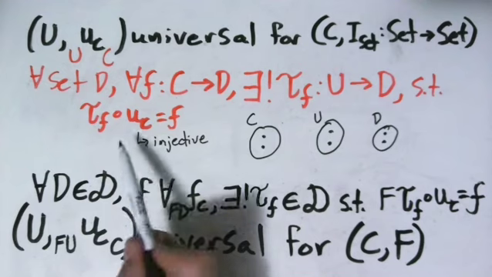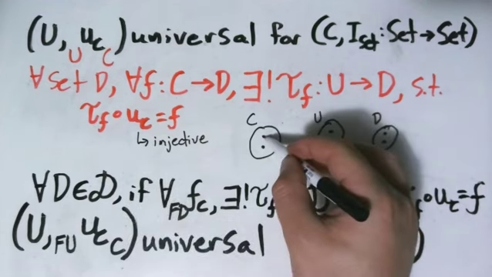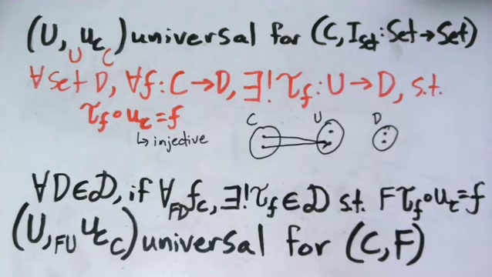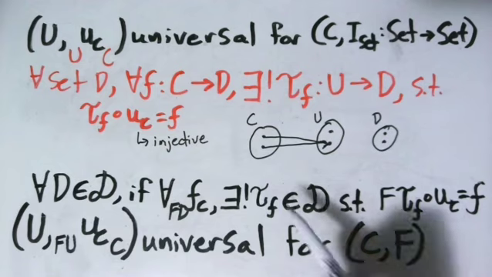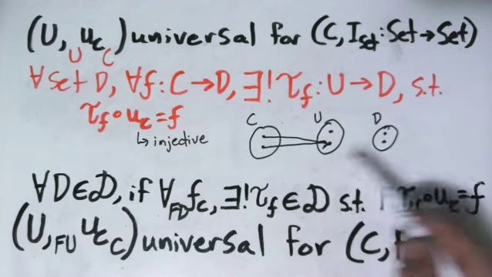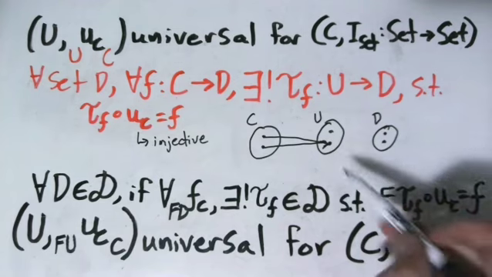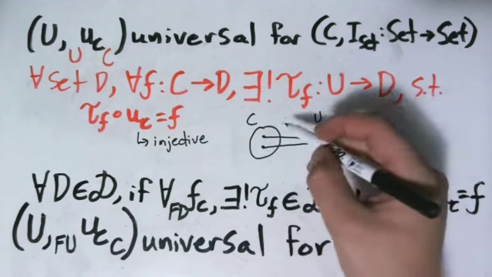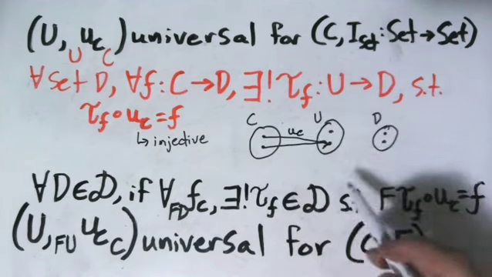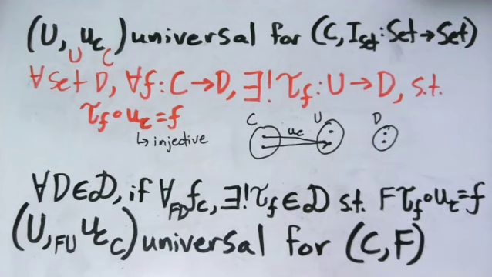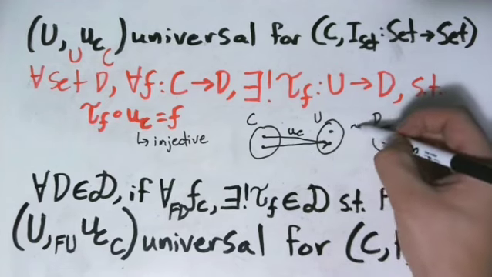Well, if U_C was not injective and say mapped both of these elements to this element here, then anytime that f mapped these two elements to different elements in D, we would no longer be able to replicate that, because these two elements have collapsed by U_C into the same element, and so they both must map to the same element in D by tau of f.